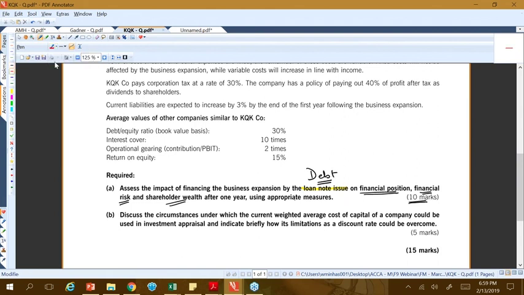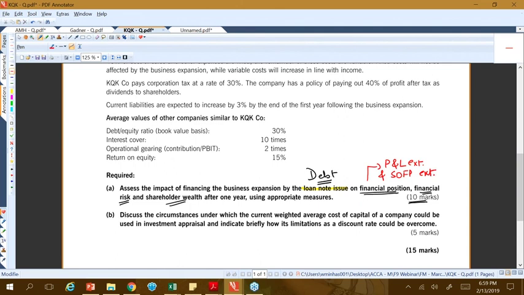Just to summarize this requirement, when the examining team wants something on financial position, they may be asking for a P&L extract and an SOFP extract.